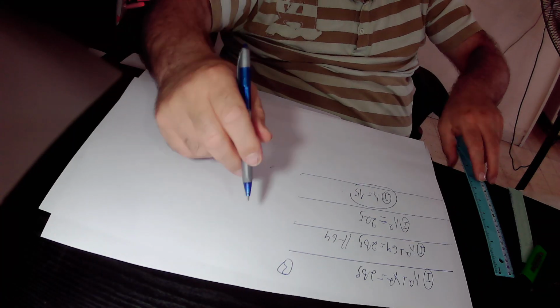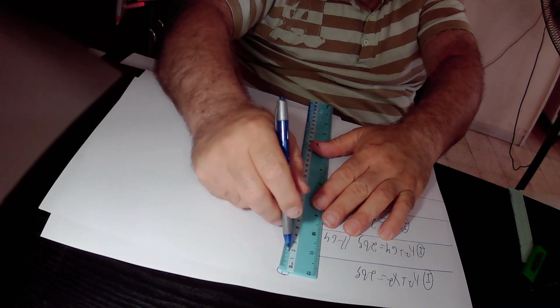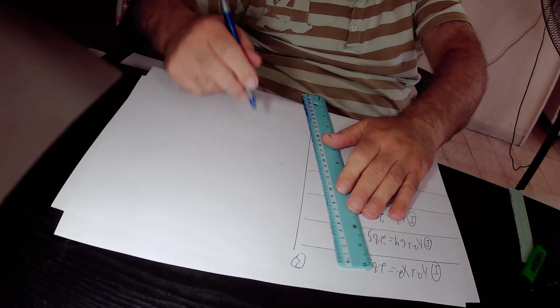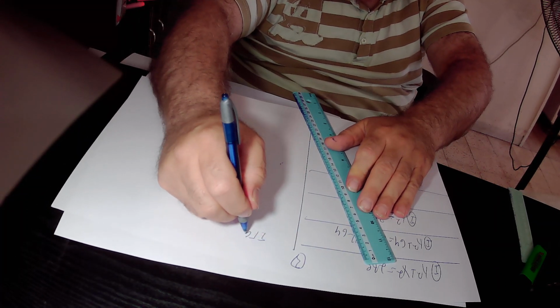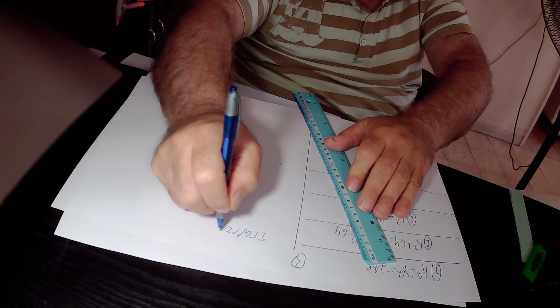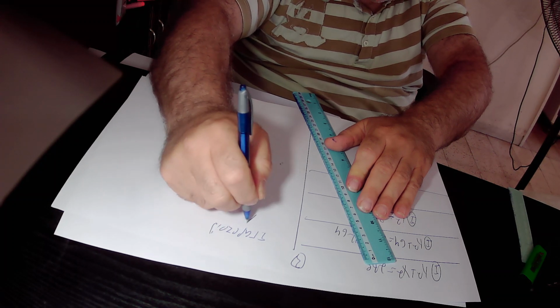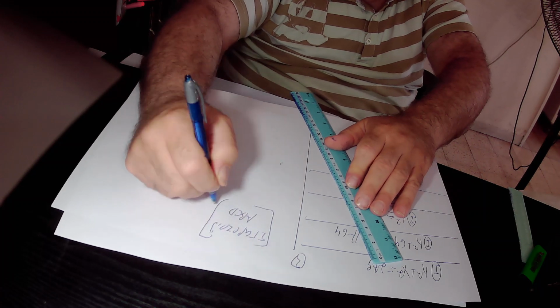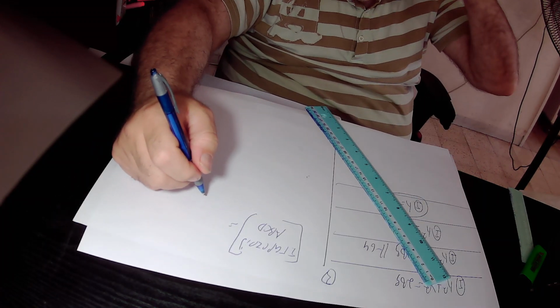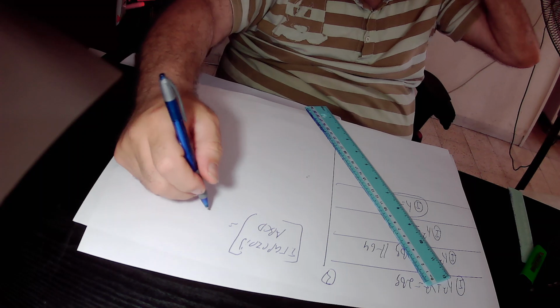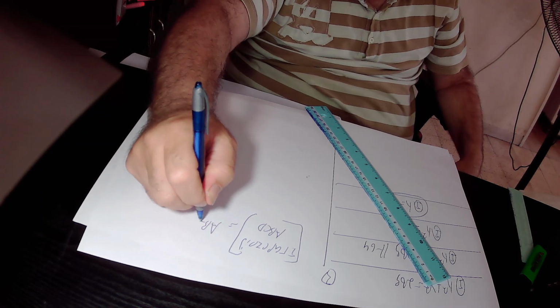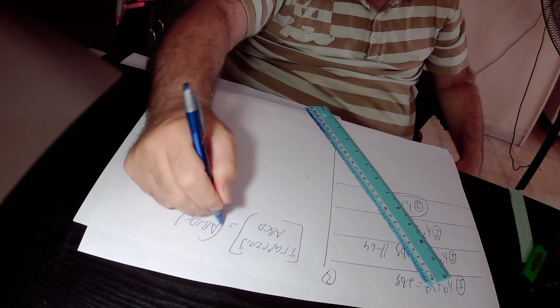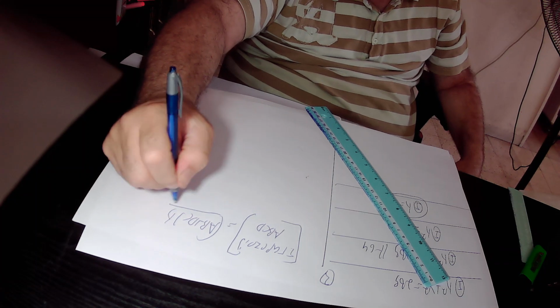And I already showed you that the area of trapezoid ABCD is equal to the sum of its two opposite bases, that is AB plus DC, times the height, that is h, over 2.